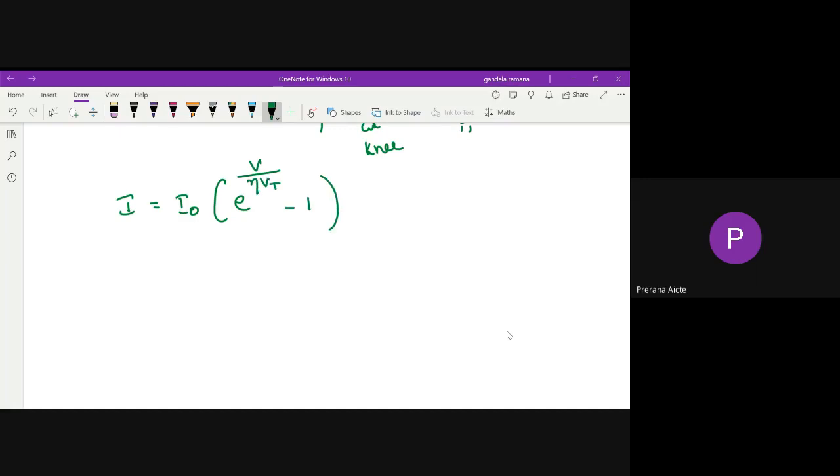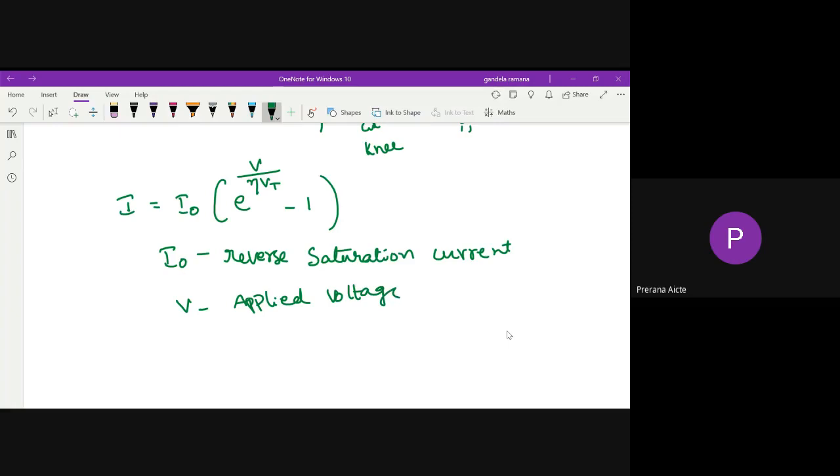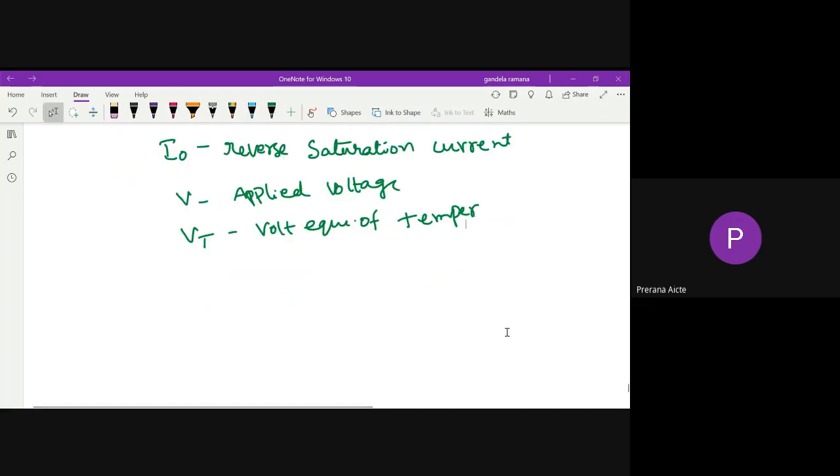Here I naught is the reverse saturation current, V is the applied voltage, and Vt is the volt equivalent of temperature.